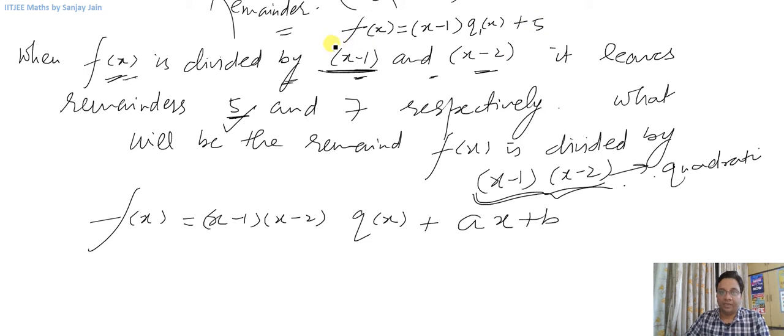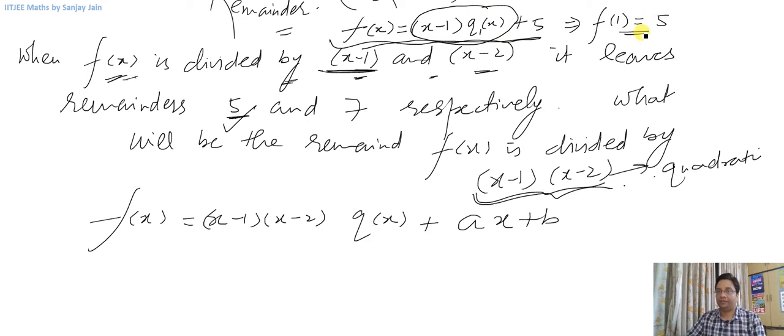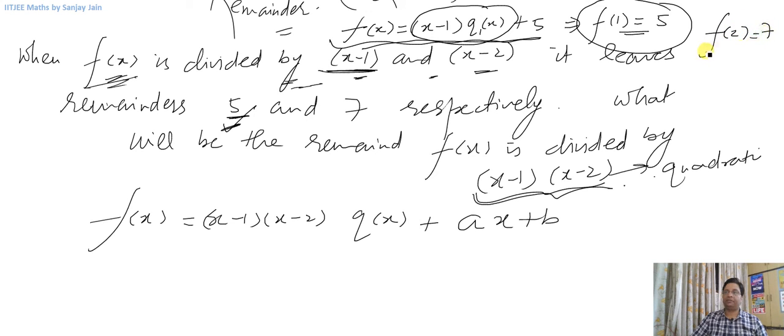Now if I put x equal to 1 on both sides, this term here will become 0, so f of 1 is equal to 5. So basically the statement that when f of x is divided by x minus 1, it leaves remainder 5 means f of 1 is equal to 5. Similarly, I can say f of 2 is equal to 7.